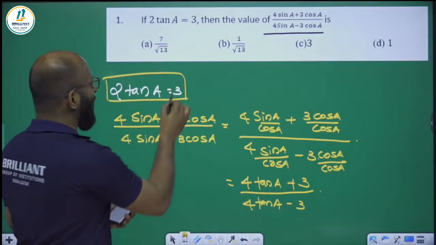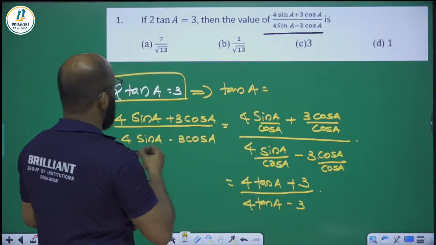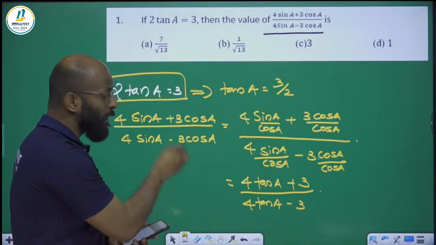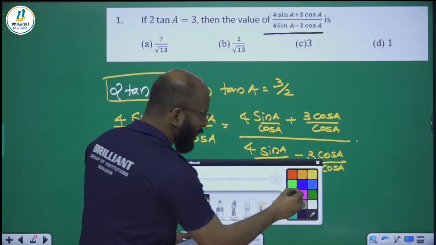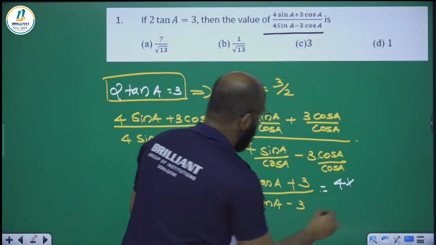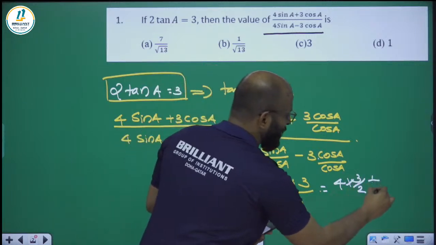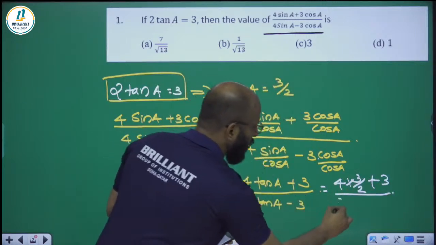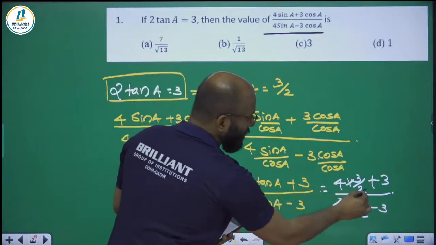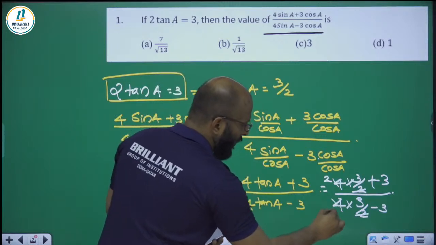From this we can find tan A is equal to 3 by 2, and we can substitute this tan A value in the expression. We get (4 into 3 by 2 plus 3) divided by (4 into 3 by 2 minus 3). We can cancel the 4 and 2 to get 2, in both places.